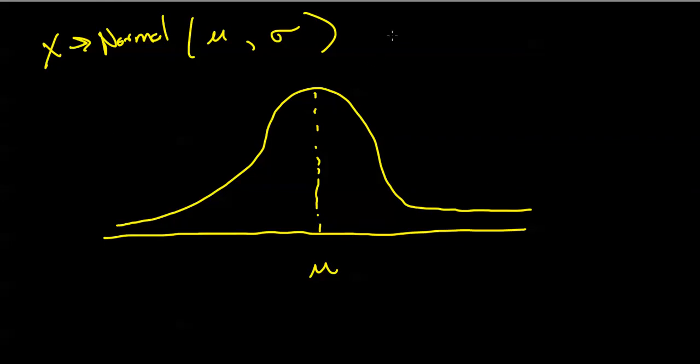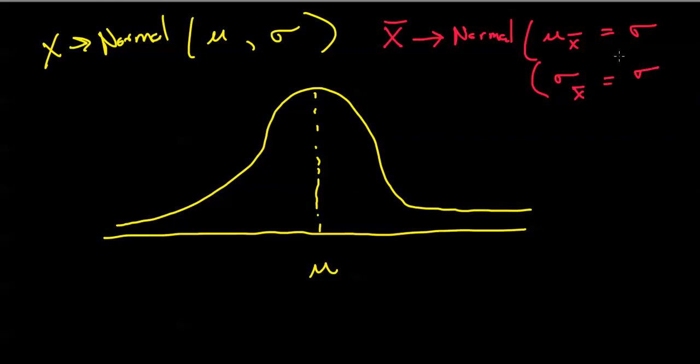If I, on top of that, plot the distribution of repeated sample means, well, x bar is also going to be a bell-shaped curve. The mean of the sample means equals the population mean, and the standard deviation of the sample means is going to be original SD divided by the square root of the sample size.